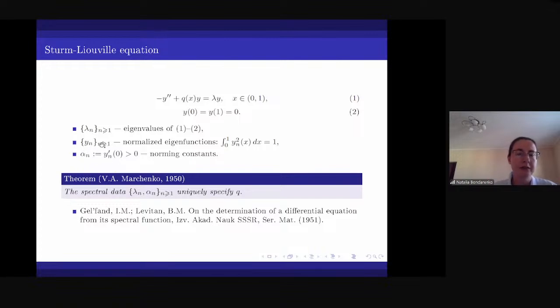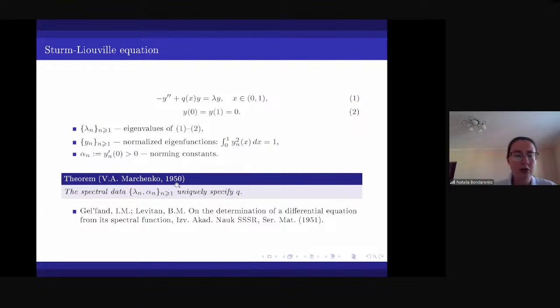Let y_n be the normalized eigenfunctions. It's well known that when the potential q is real valued, all the eigenvalues are simple, so each eigenvalue has exactly one eigenfunction up to a multiplicative constant, and let them be normalized by this condition.